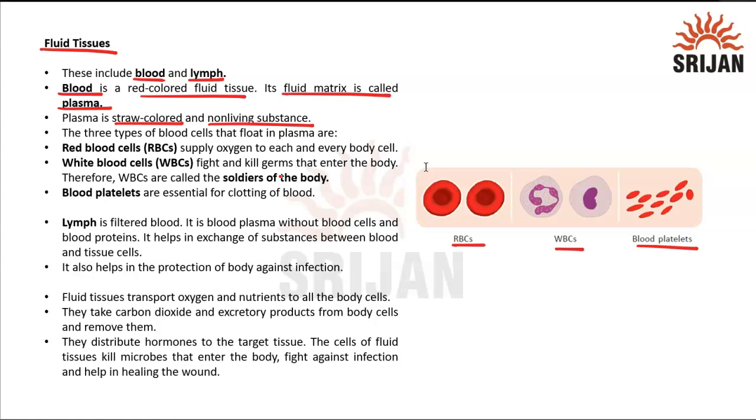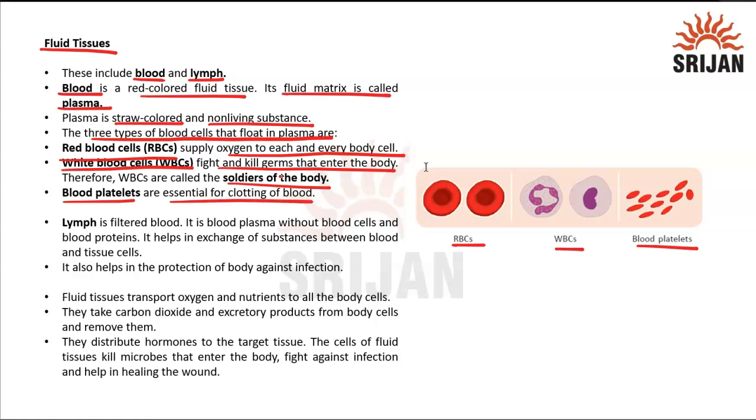The three types of blood cells that float in plasma are red blood cells, which supply oxygen to each and every cell. Then you have white blood cells, which fight and kill germs that enter the body. That is why they are also known as the soldiers of the body. And then the blood platelets, which are essential for the clotting of blood.